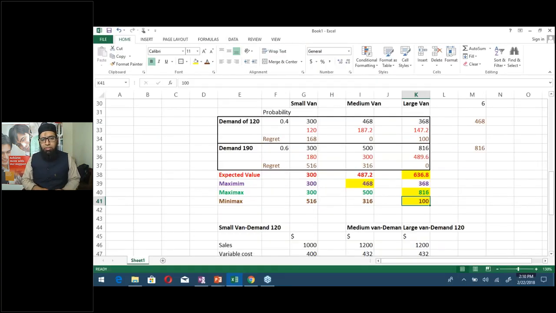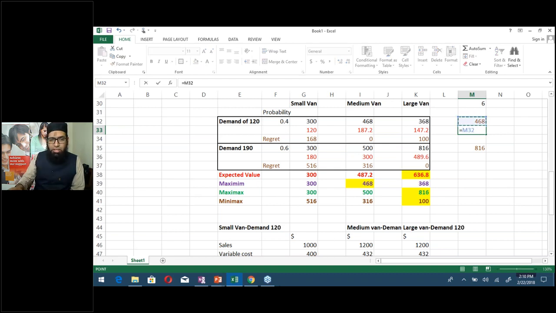So let's discuss the value of perfect information in this case. For that, first of all, you choose the highest profit against each demand, and you calculate its expected value. So it will be 468 multiplied by the probability of 0.4, so it is 187.2.